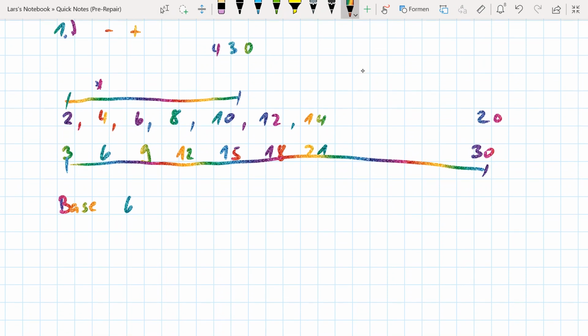For example, the first row is 2, so 2, then 4, and then you are at 6, which you write in base 6 as 1 six and 0 ones, and then you go on to 1 six and 2 ones to get 8, and then 1 six and 4 ones, and then you are at 2 sixes and 0 ones.